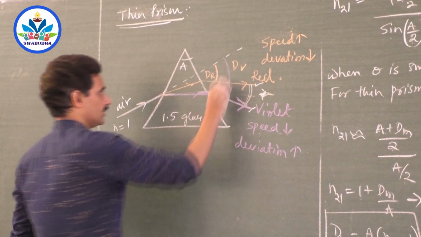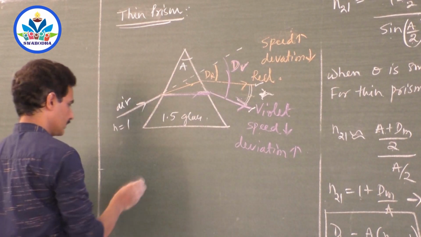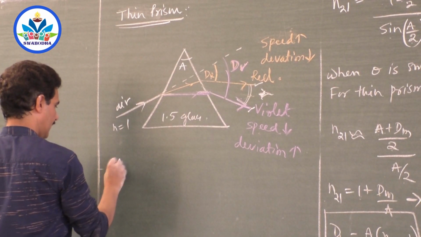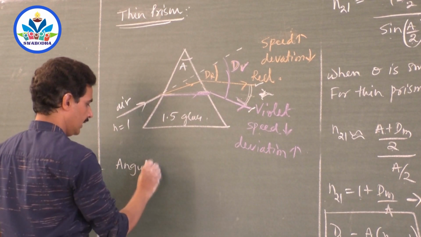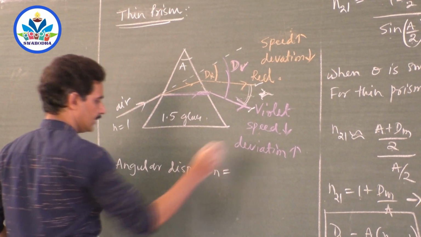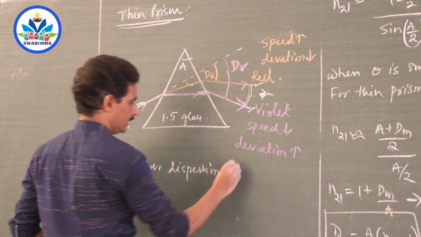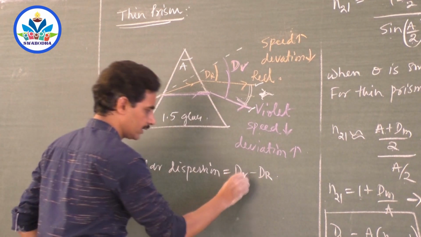This is the deviation for violet and this is the deviation for red. That is called angular dispersion. Please do remember that this is not in theory. Angular dispersion is equal to δV minus δR, and it is not defined only for violet and red.